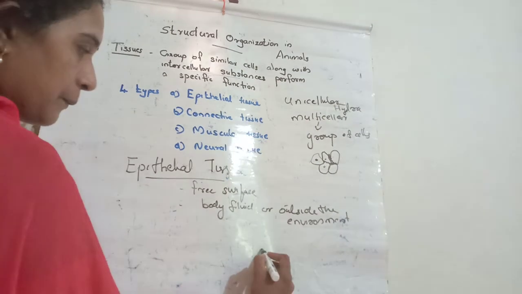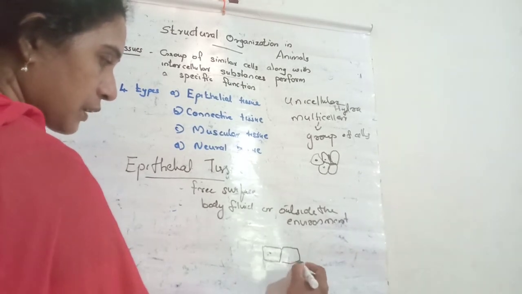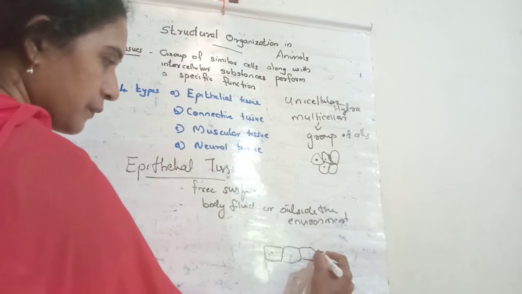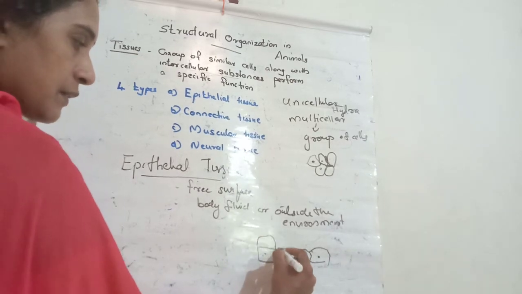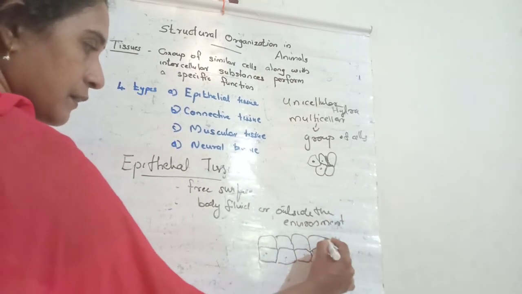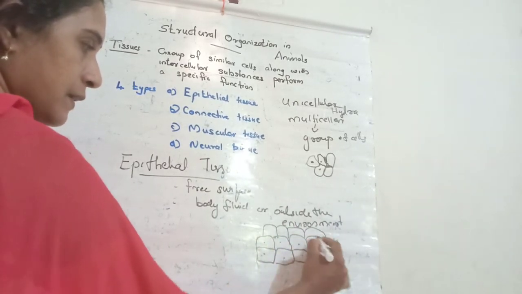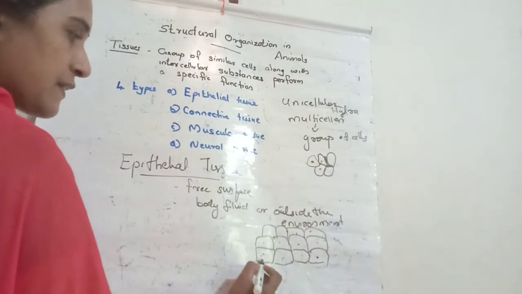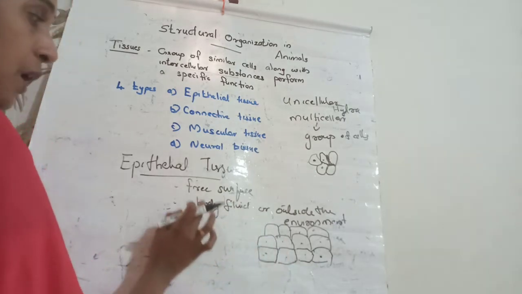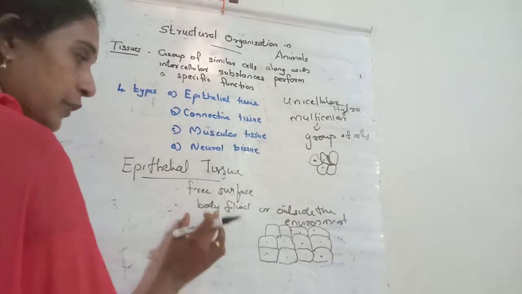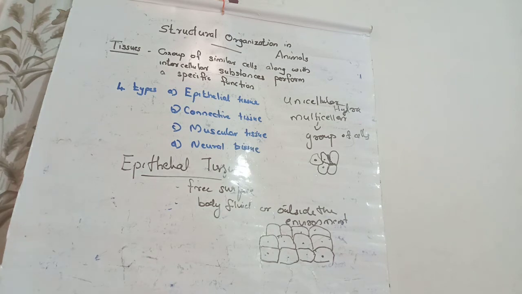For example, we have to draw the structure of epithelial tissue like this. There are many cells, and the cells have a free surface. That free surface faces the body fluid or the outside environment. Where can we see this type of epithelial tissue?